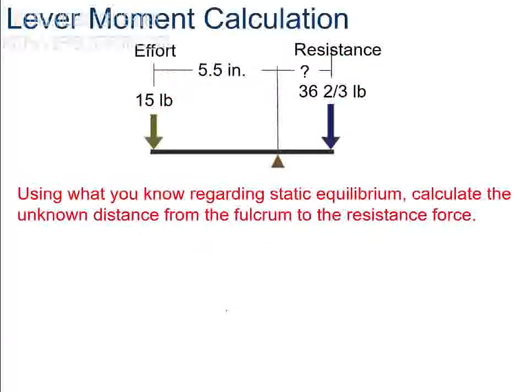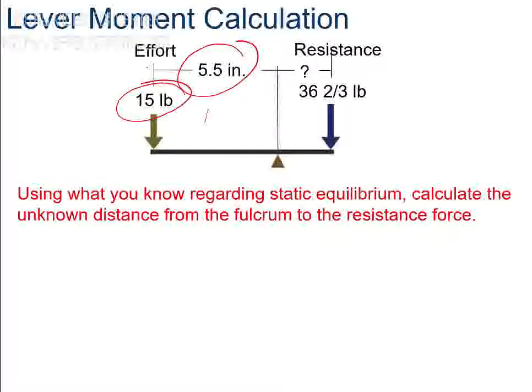And the other thing is, last time we saw the moment for 50 lb and 5.5 inch, and here we also have a 36.5 lb resistance. What will be the distance?